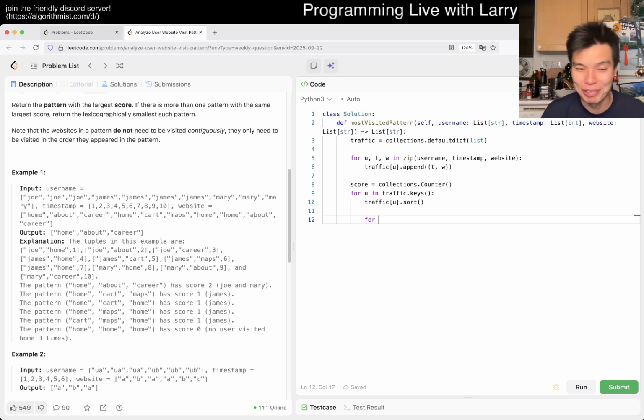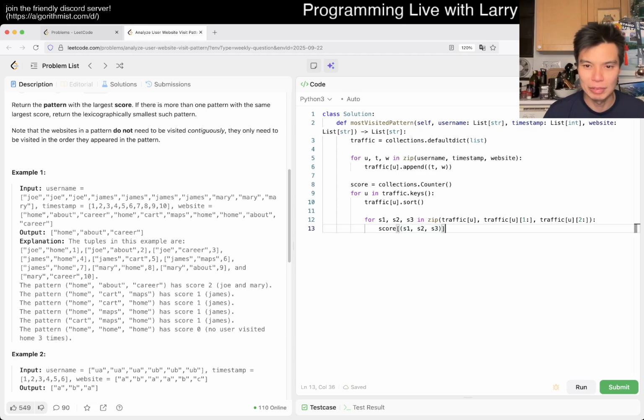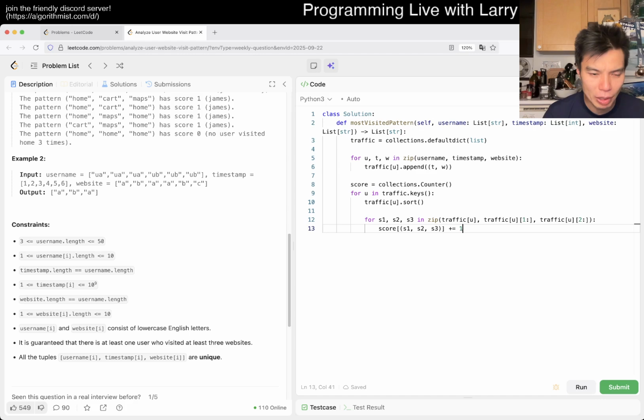I'm just thinking about the variable name. So maybe S1, S2, S3 for the stamps, in zip of traffic of the user. Then score of S1, S2, S3, increment by 1. And that should be good.